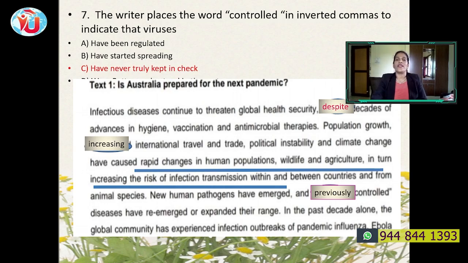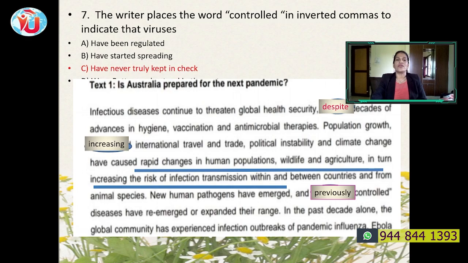International travel and trade, political instability and climate change have caused rapid changes in human population, wildlife and agriculture. In turn, you see that word had come there, increasing the risk of infection, transmission within and between countries and from animal species.